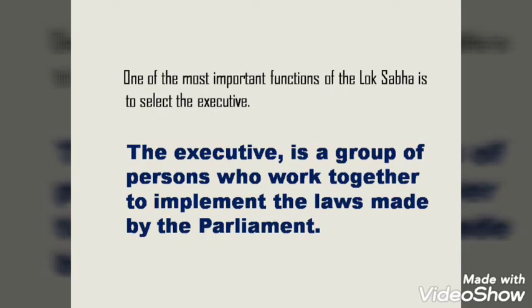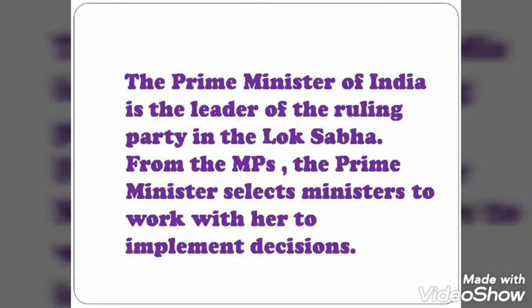Now, the very important term, the Prime Minister. How is the Prime Minister elected? The ruling party, I told you, is the party that wins the majority of seats in the parliament.